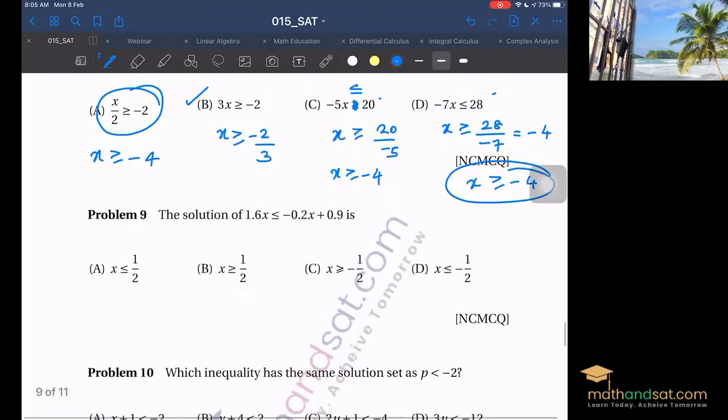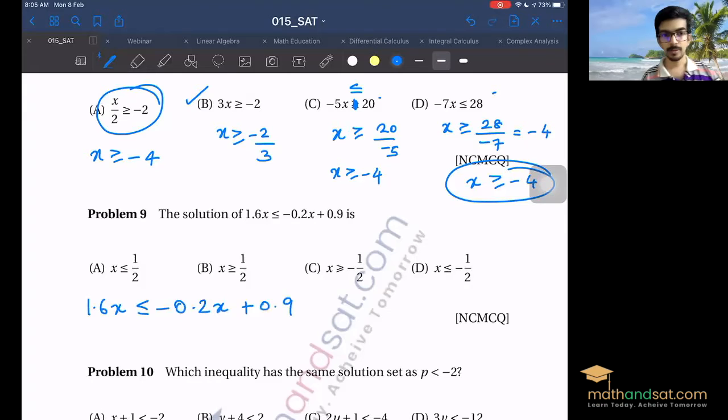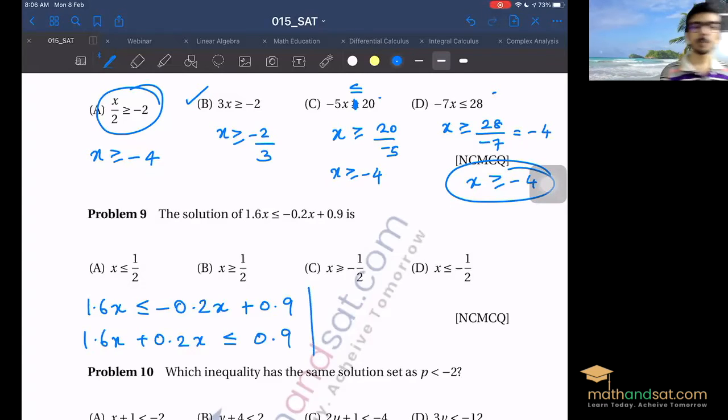So we have 1.6x less than or equal to minus 0.2 times x plus 0.9. Now I take minus 0.2x to the other side. So this becomes 1.6x plus 0.2x less than or equal to 0.9. What is 1.6 plus 0.2? It's 1.8.